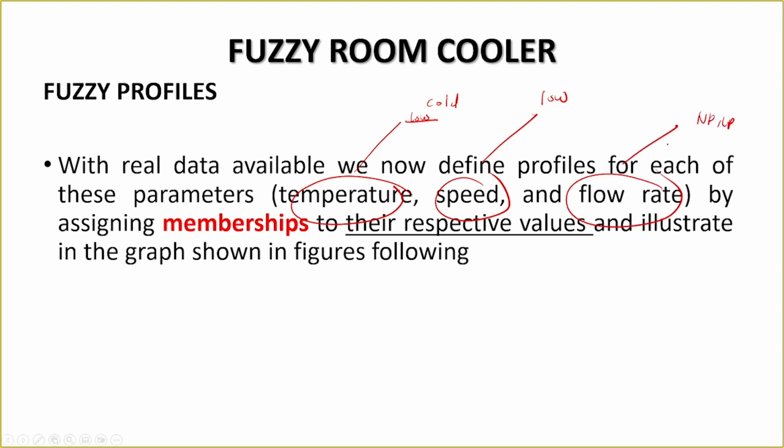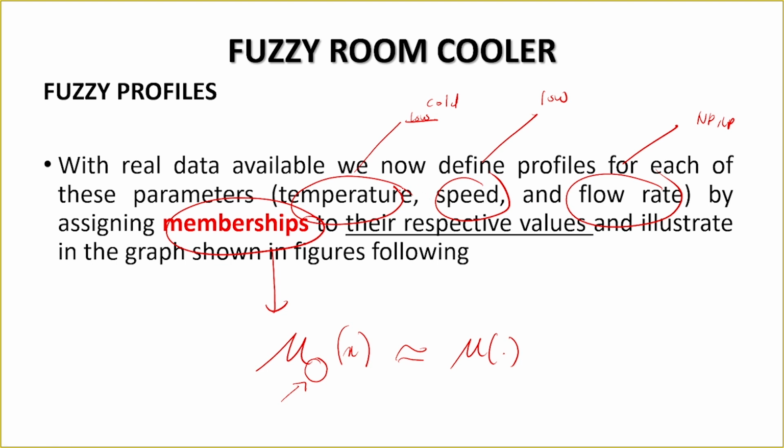There will be 3 components that we need to assign the membership to. So remember this one. This one is something to be filled, or we can say this one could be this, right? Remember the membership function to the respective value and illustrate the graph.